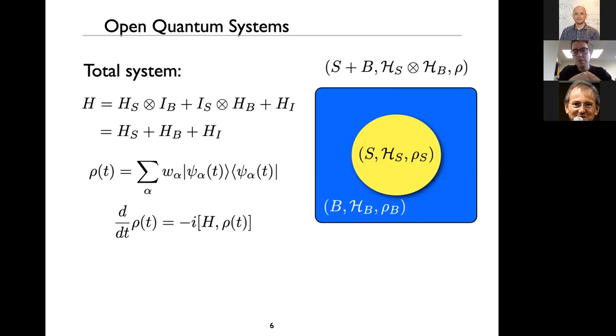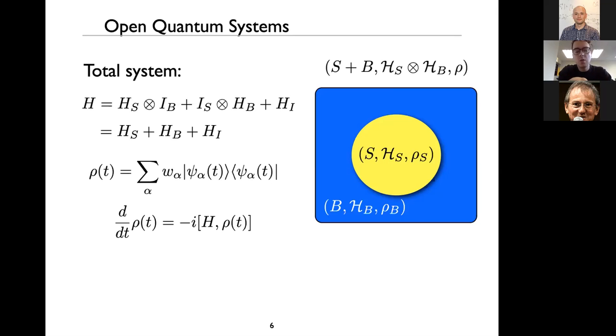For a density matrix, the way you get the time evolution is by acting with the unitary time evolution operator on the left-hand side, and its adjoint on the right-hand side. By doing this, you can write rho in the following way that I've given on the right-hand side of the equality. You can then set up a differential equation for rho by taking the time derivative of both sides, and using the fact that the time evolution operator U can be written as e to the minus i H t.